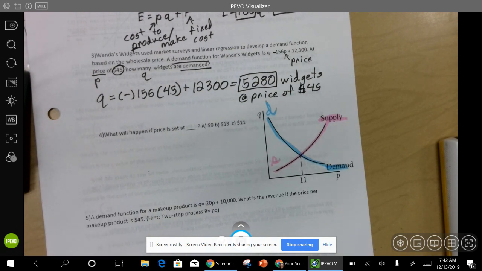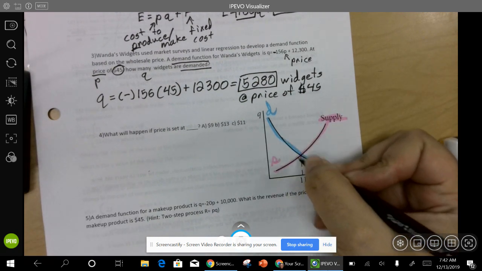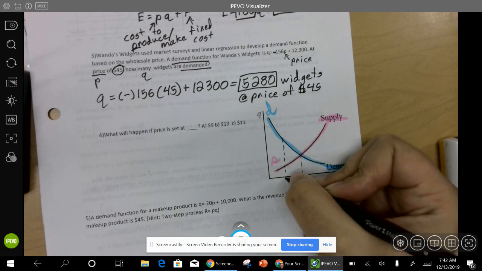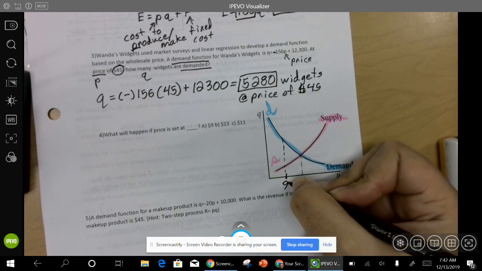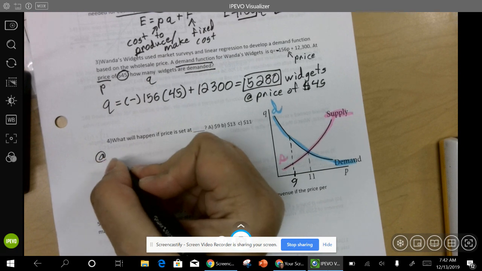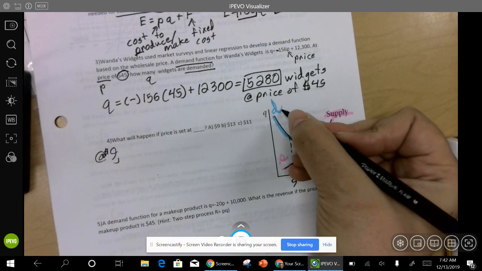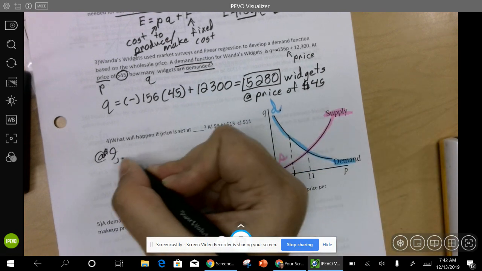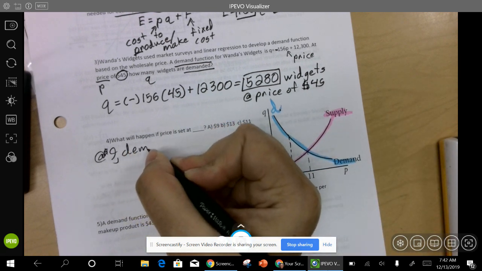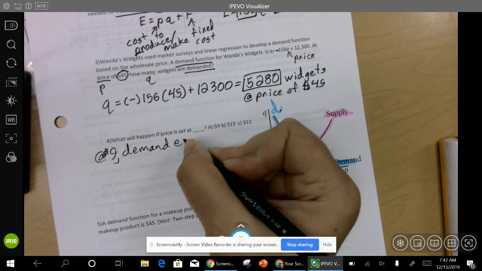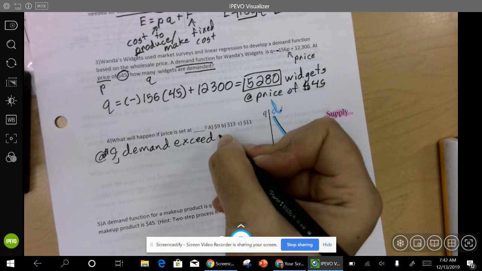The price is set at $9, so that's going to be below here. If it's at $9, the demand is going to exceed the supply. That means the item is going to be flying off the shelves.